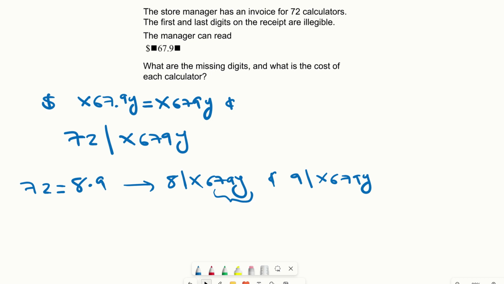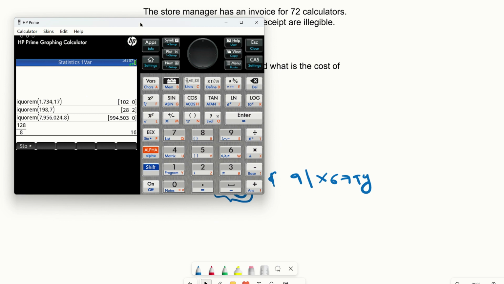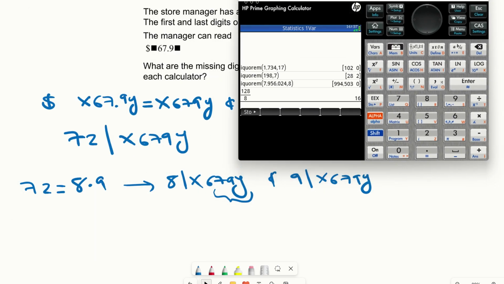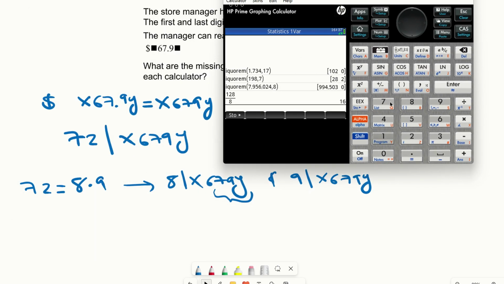So, well, let's see what that digit could be, right? Let's go ahead and bring up our calculator, right? So let's try 790. See if that's divisible by 8. It's not. So we'll try 791. Now, we know that's not going to be divisible by 8 because it's not even, right?